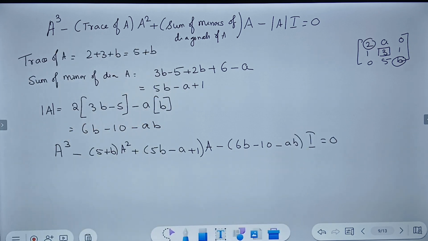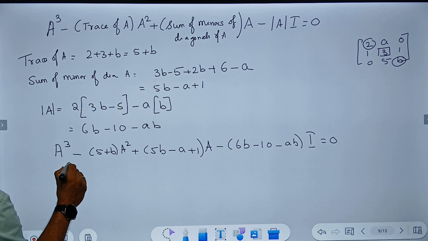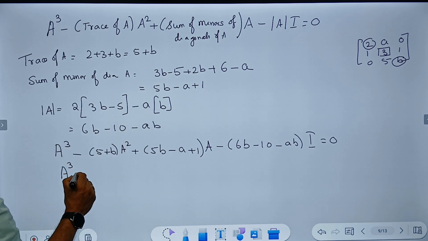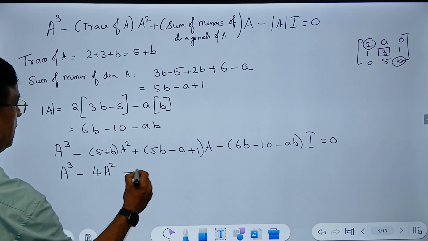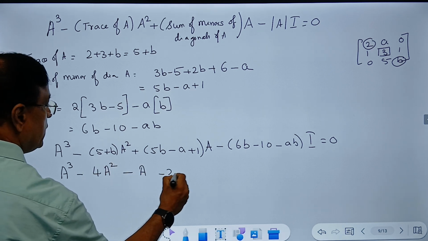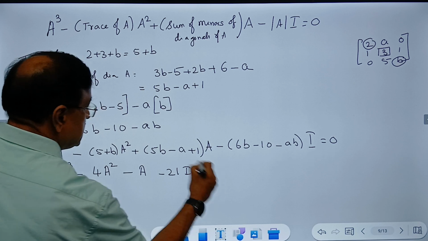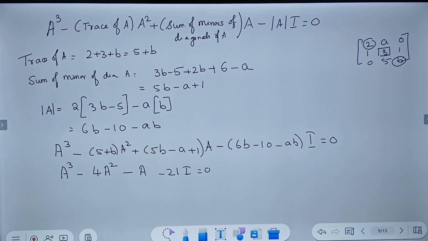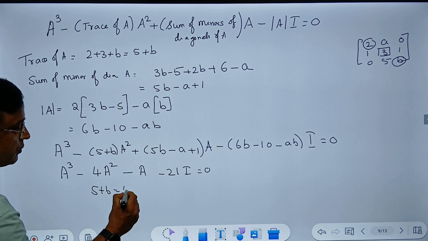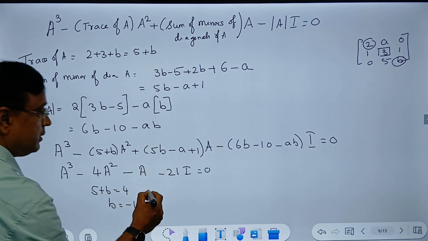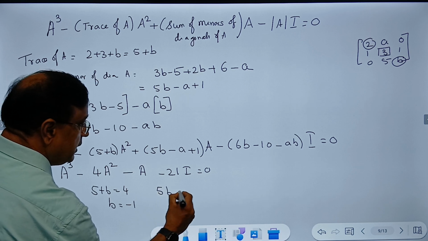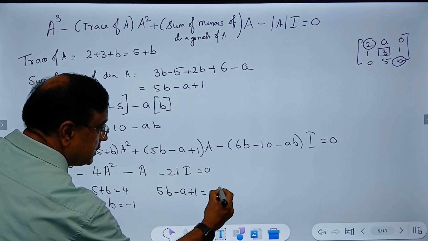Now you can compare this with the equation that we got. What is the equation we have? We have A cube equal to, so I bring all the terms this side, A cube minus 4A square minus A minus 21I equal to 0, from the previous question. Okay. So now you can compare. You get 5 plus b equal to 4. So automatically you get b equal to minus 1. That's another way to solve. Okay. And then you have 5b minus a plus 1 equal to minus 1.